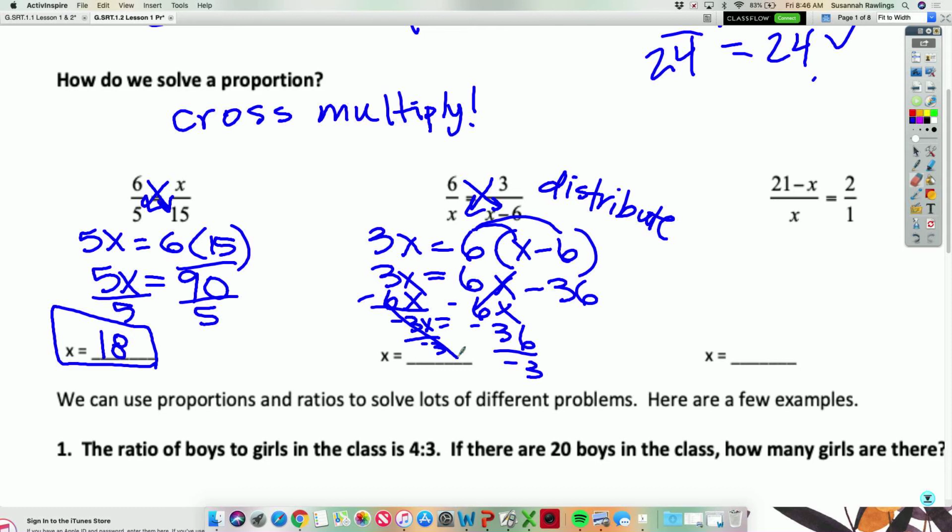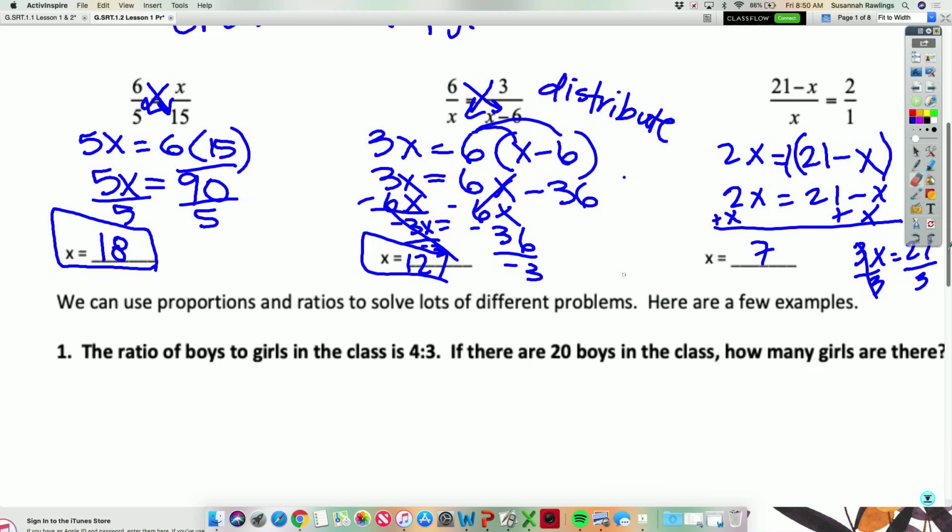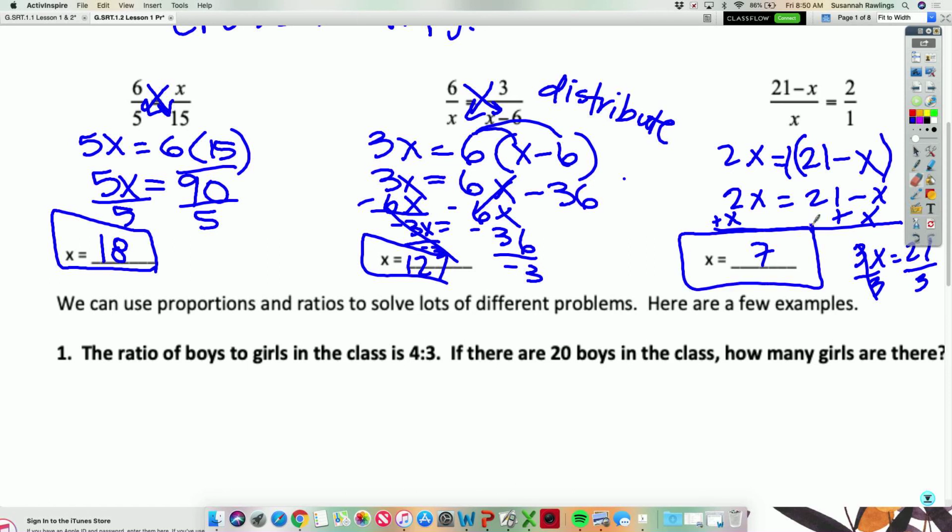Positive 12. Okay, go ahead and try the last one. I'll pause the video so you can try that last one on your own. Okay, so double check your answer. You should have gotten x equals 7. If you didn't, you can check my steps there.